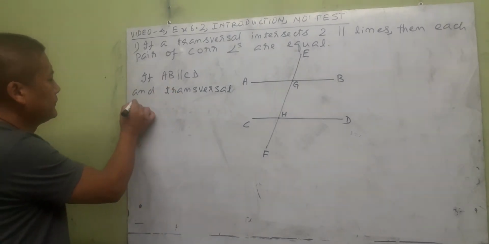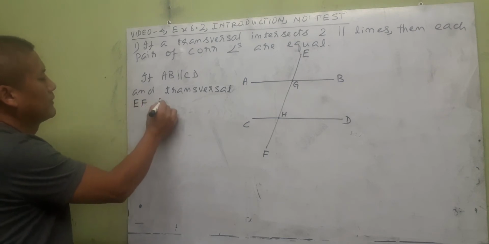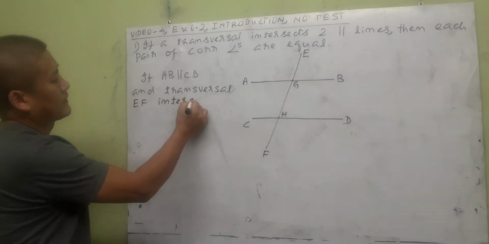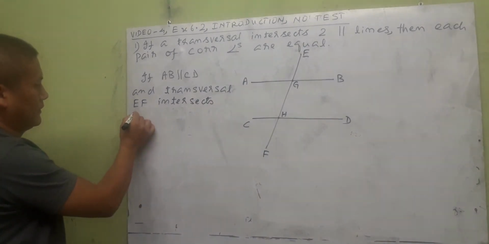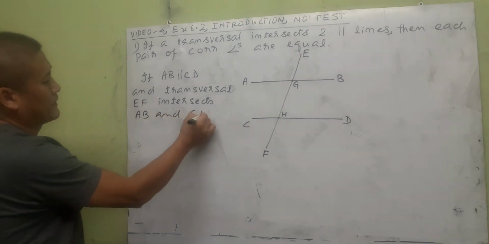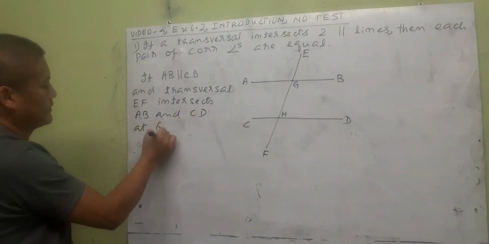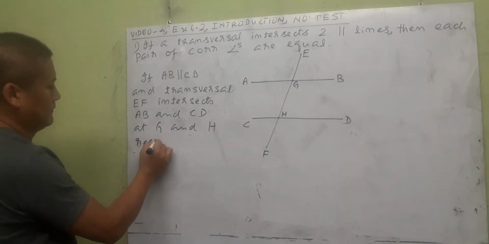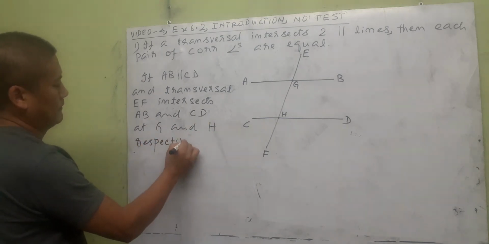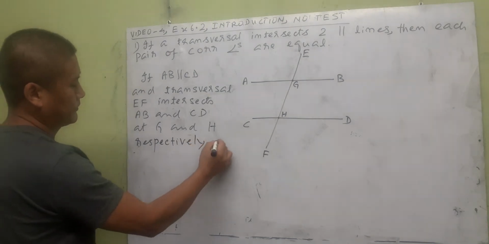And transversal EF intersects AB and the line CD at G and H respectively.